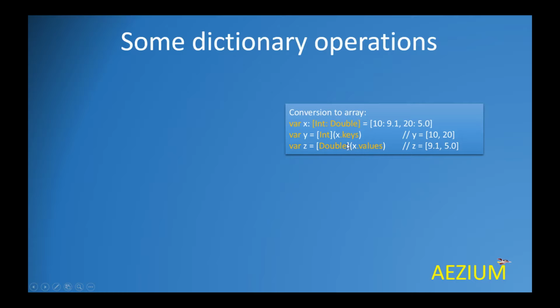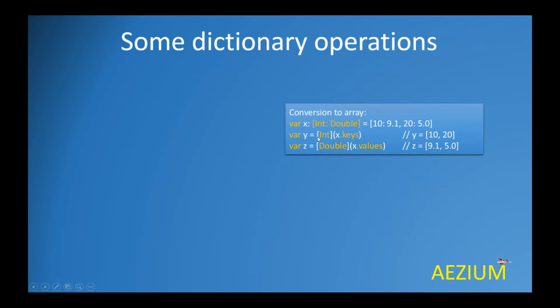Similarly, we can use casting. Inside the square brackets here we put the type of the values of the dictionary, in this case double. So x.values will return a series of parameters which are equal to the values of the dictionary, in this case 9.1 and 5.